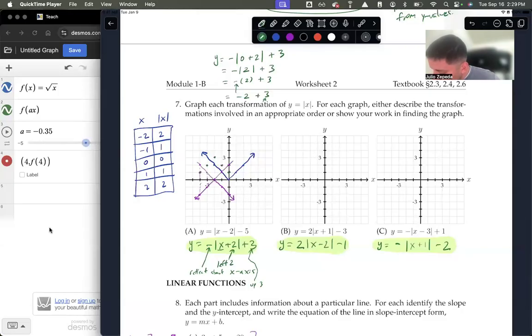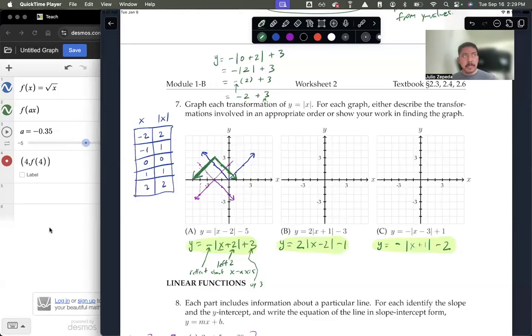So if I move them all up 3, this is what my function is going to look like. And let's make it look a little symmetric here. Okay. All right, very good.